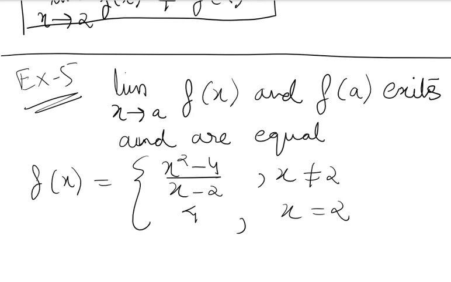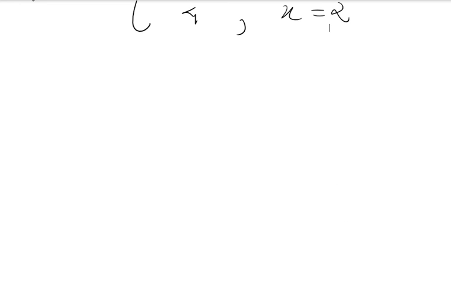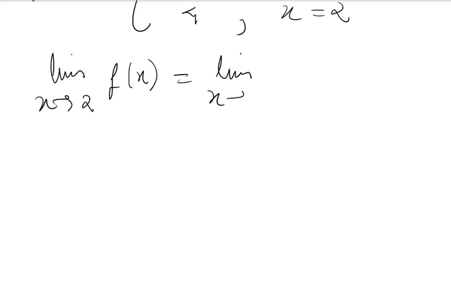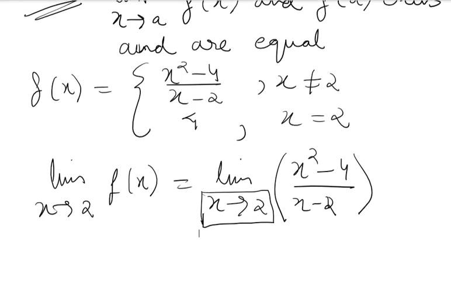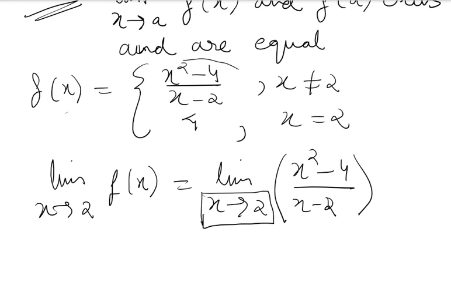Now let's try and find the limit. So we'll find directly the general limit over here. Okay, so limit x tends to 2, f of x is equal to limit x tends to 2, (x square minus 4) by (x minus 2). Now you must be wondering that it's saying limit of x tends to 2, so why is sir taking this function?